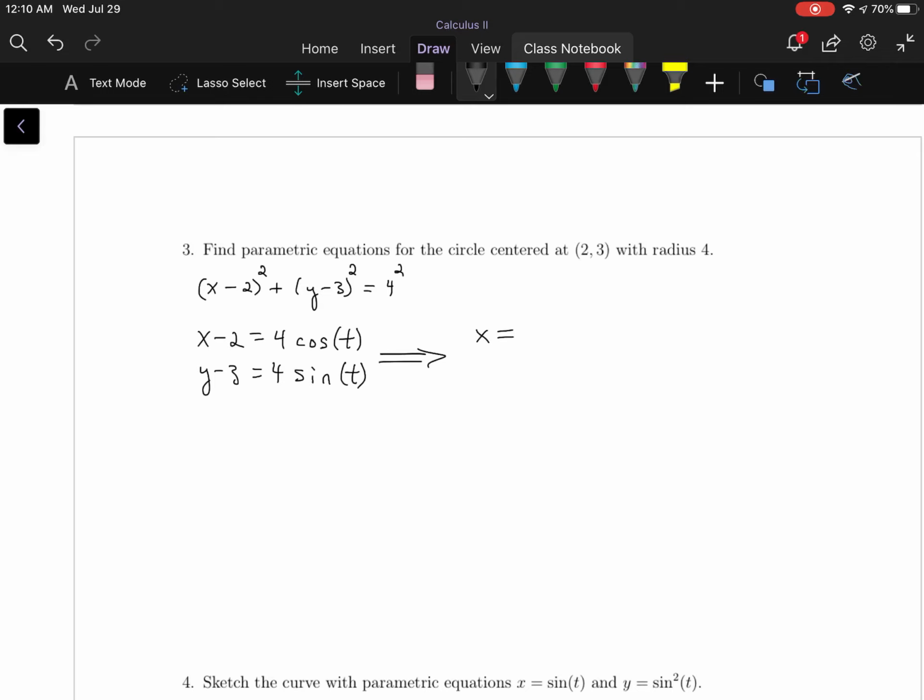So the system of parametric equations is x equals 2 plus 4 cosine t, and y equals 3 plus 4 sine t. And that would be our answer for number 3.